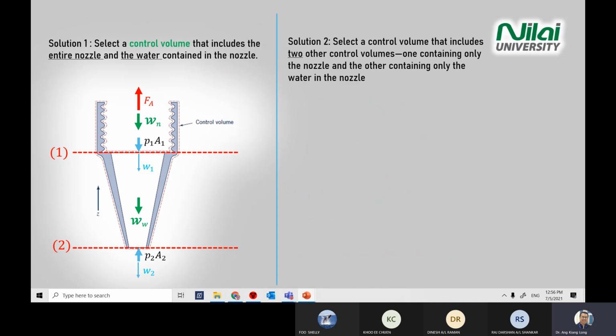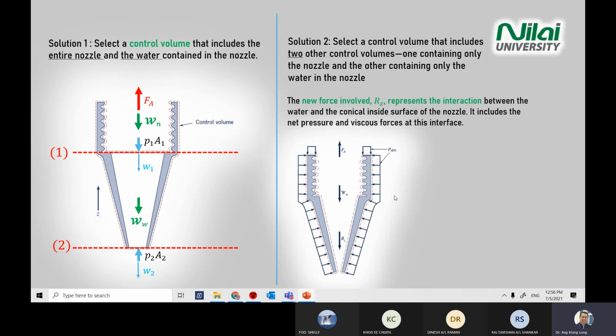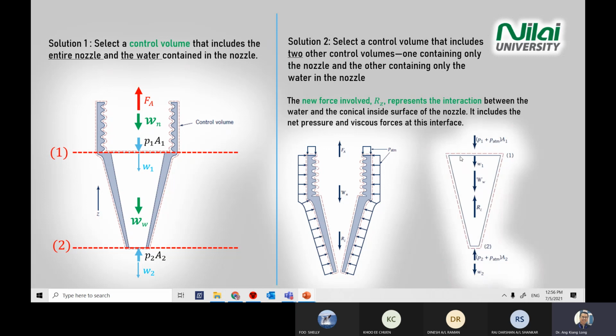Okay, solution 2, I will let you go and read from my slides. There are two solutions there. I gave you the first solution. The second solution is a different approach: you put the atmospheric pressure in all your control volume and see what happens.